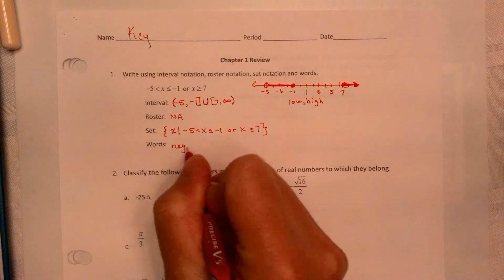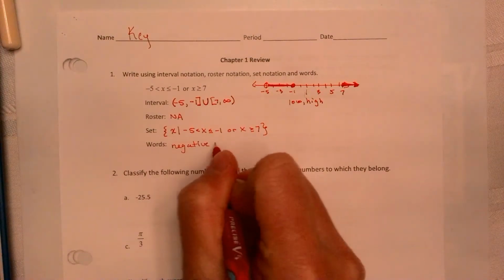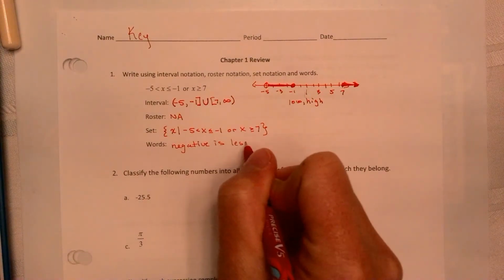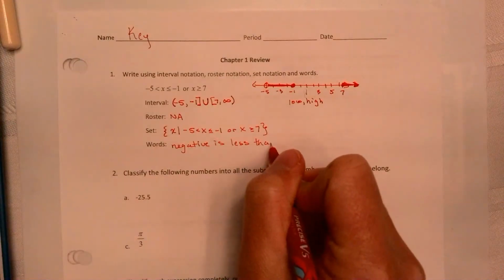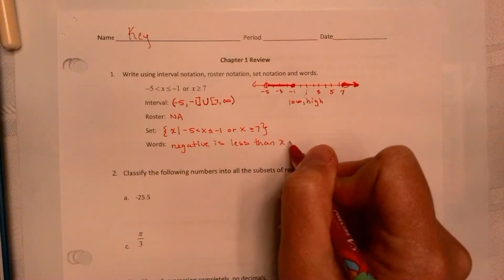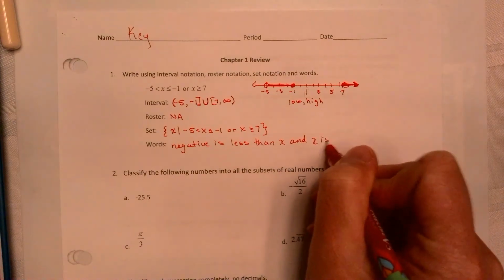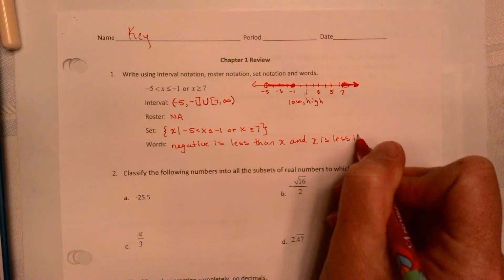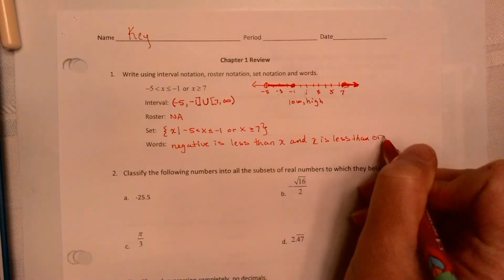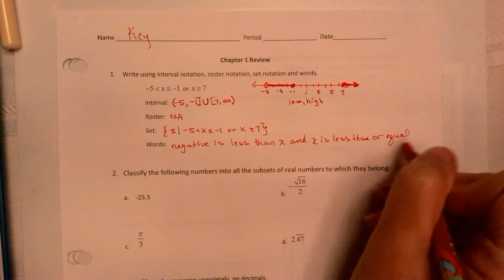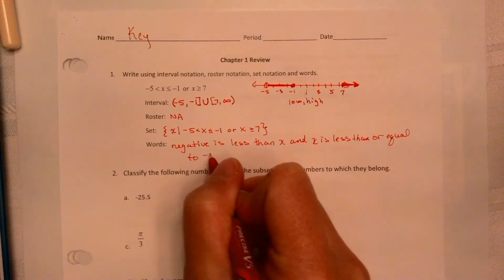-5 is less than x, and x is less than or equal to -1.